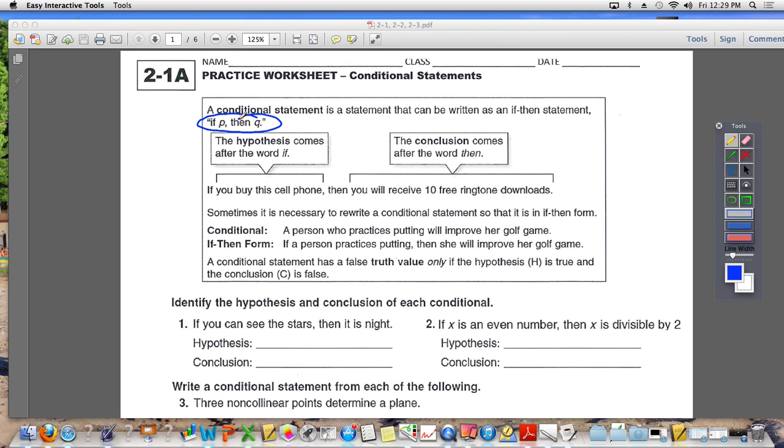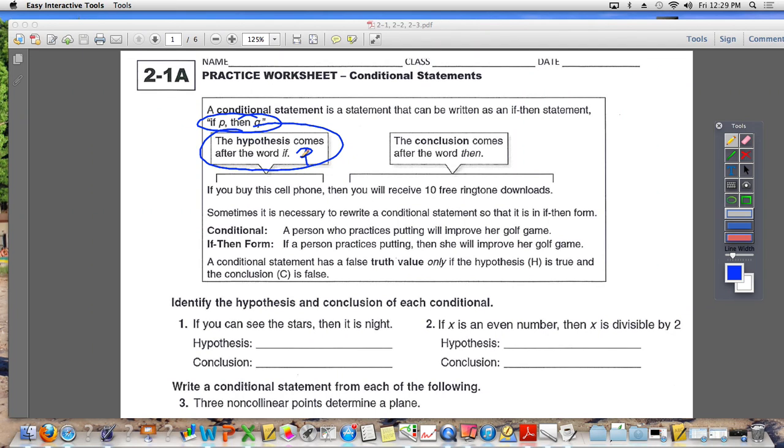That might seem weird and awkward to you too, but the P means something and so does the Q. The P is what we call the hypothesis, and the Q part is the part that we call the conclusion. No, we are not in science class right now either. We really are in math class right now. The hypothesis comes after the word if. That's the P part.